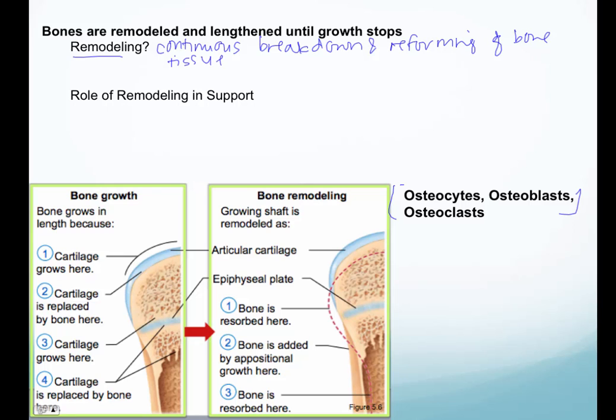And this can occur in response to 2 different factors. The first is the calcium levels within the blood. And the second is the pull of gravity and muscles on the skeleton.